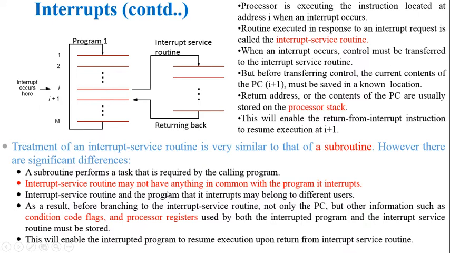One more difference is that the interrupt service routine and the program that it interrupts may belong to different users. As a result, before branching to the interrupt service routine, the processor stores the program counter content and other information, such as condition code flags and processor registers, on the stack top.